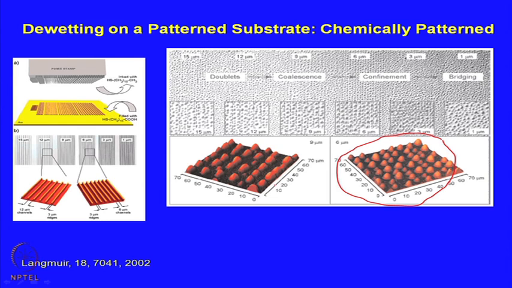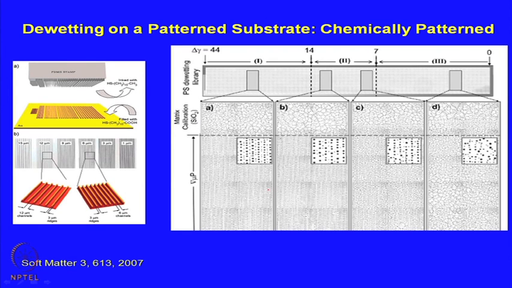One can also sort of tailor the extent of wettability contrast. So, that is another very interesting work that was published by the same group, but few years back. So, you have a microcontact printed surface. So, we all know this is what is a microcontact printed surface. So, let us say this is gamma 1 and gamma 2.